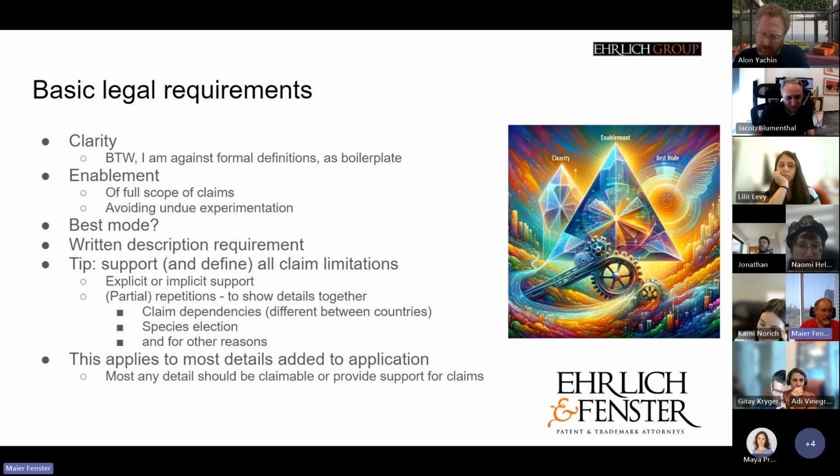At the same time, in the US, not wanting to be left out, they have something fun called species election. In species election, the examiner tries to argue that any feature, usually, not always, any feature that is not explicitly described with respect to the figure that you elected cannot be added to a claim. And there's other reasons to have repetitions as well.